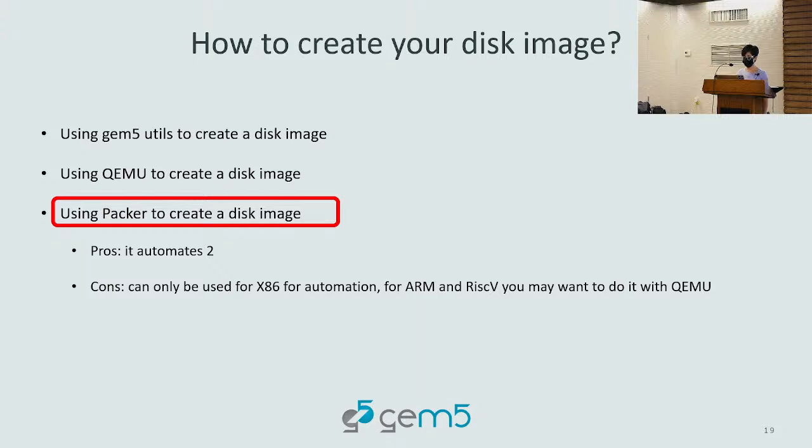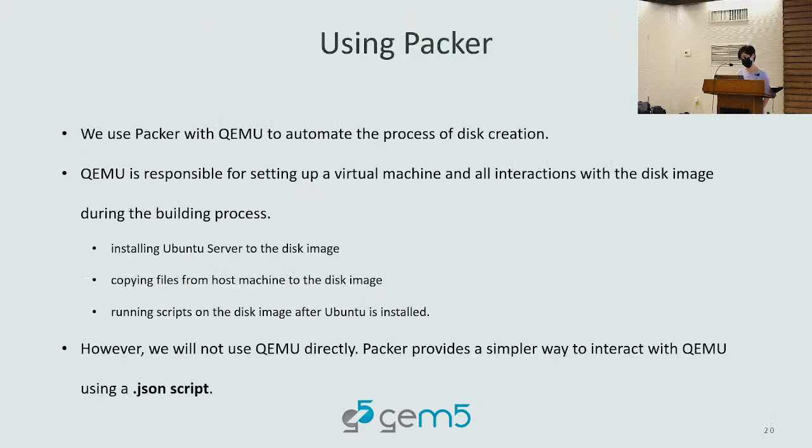So in the next slides, we're going to see what happens when we use Packer to create a disk image. We use Packer and QEMU together to automate the process of creating the disk image. QEMU is actually responsible for setting up a virtual machine, and it controls the interactions with the disk image during the building process.